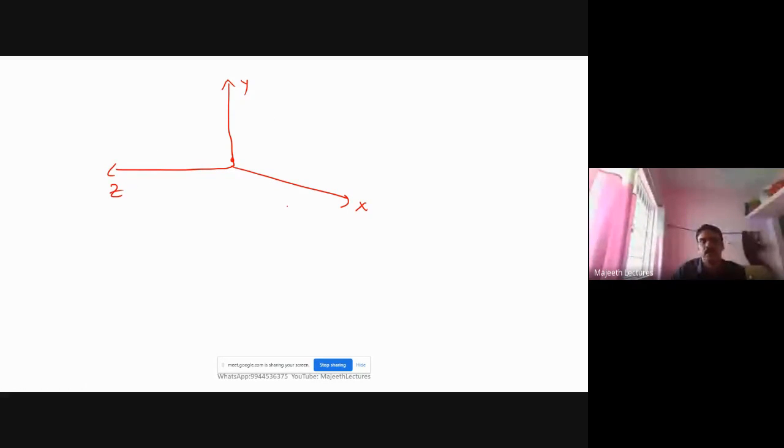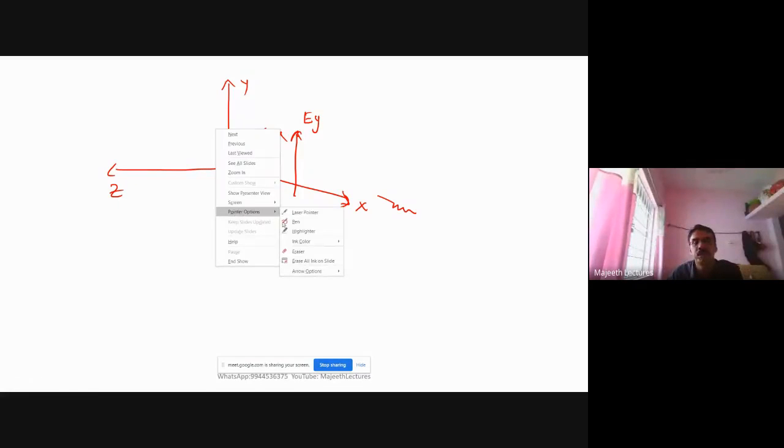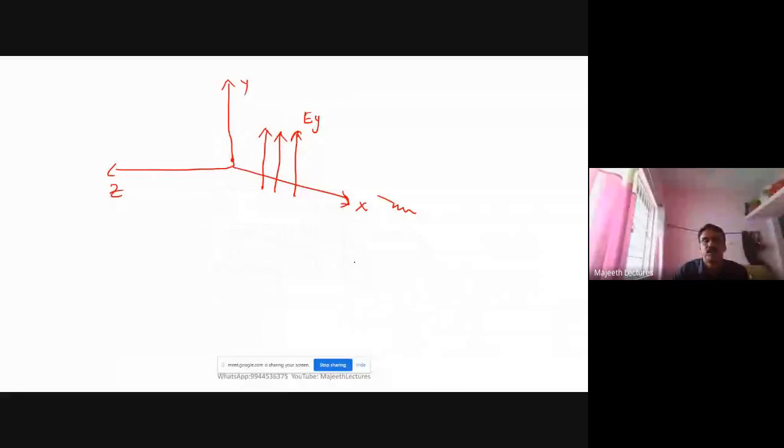As per the assumption, electric field is propagating in X direction and it has only Y component. Y component means it has this component only. The wave is assumed to be propagating in X direction. So it is Ey. Electric field has Y component only. If the wave is propagating in X direction and electric field is in Y direction, we already know electric field and magnetic field will be perpendicular to each other.